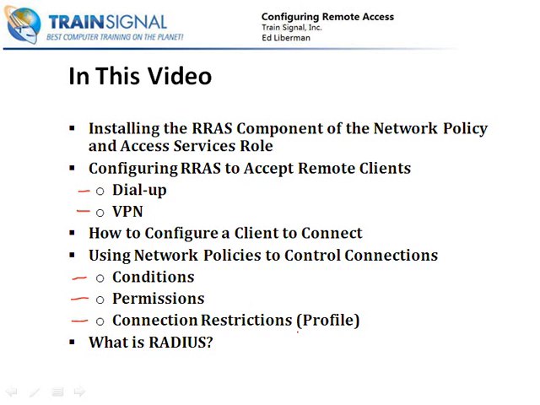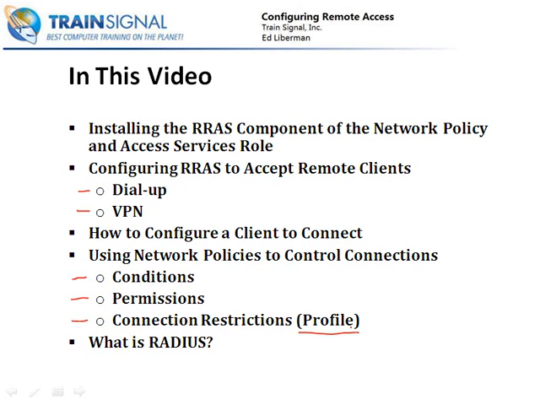Now I put over here the word profile because network policies are taking the place of what was previously simply known as remote access policies. Remote access policies have been around since Windows 2000 and pretty much did the same thing as today's network policies, but the third component used to be called the profile.